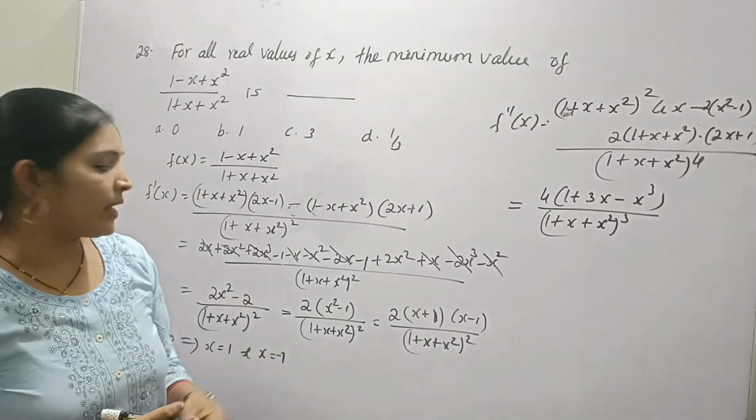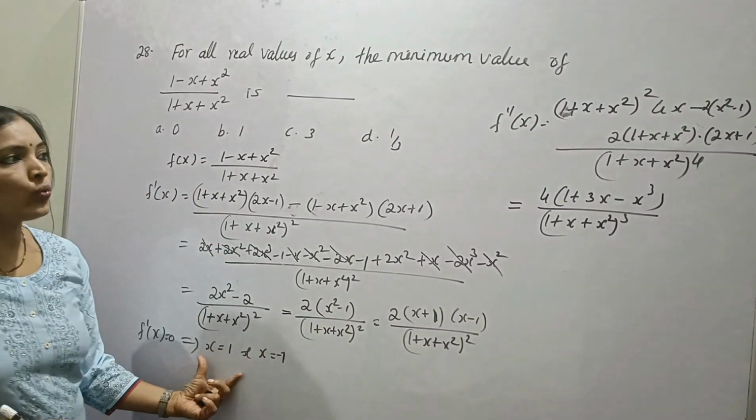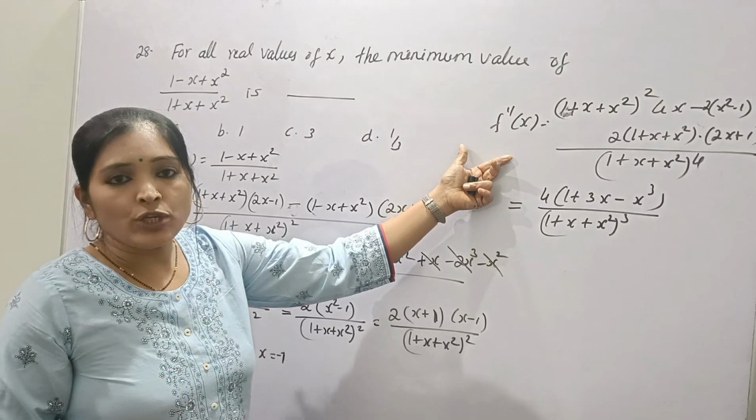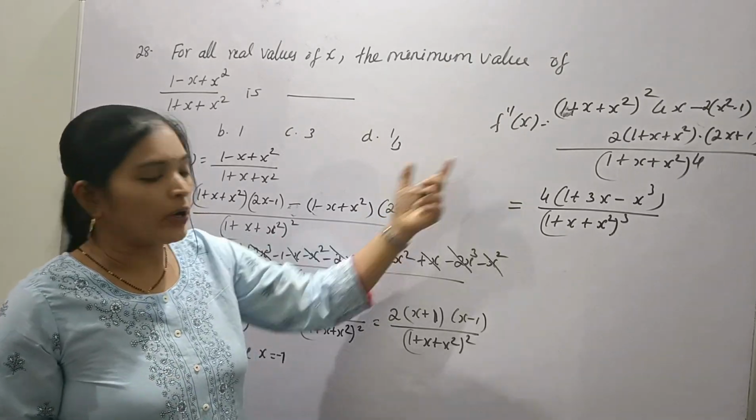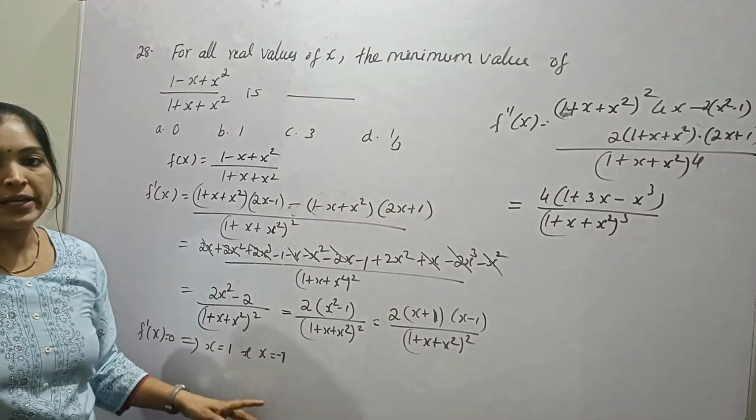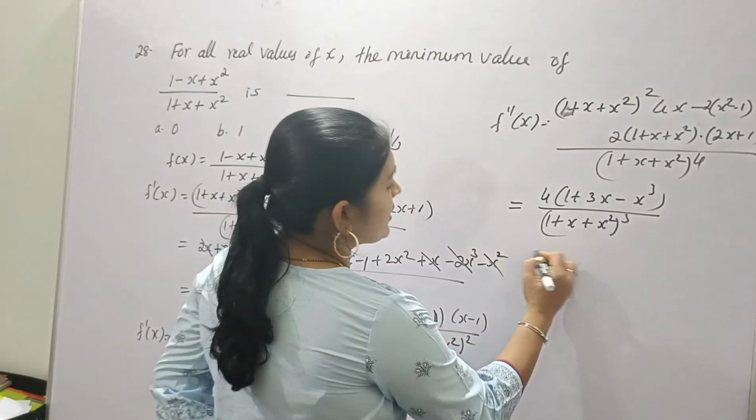Now here we have to check when x is equal to 1, whether this f double dash of x is greater than 0 or less than 0. Okay, and at x is equal to minus 1, so let's find x is equal to minus 1.